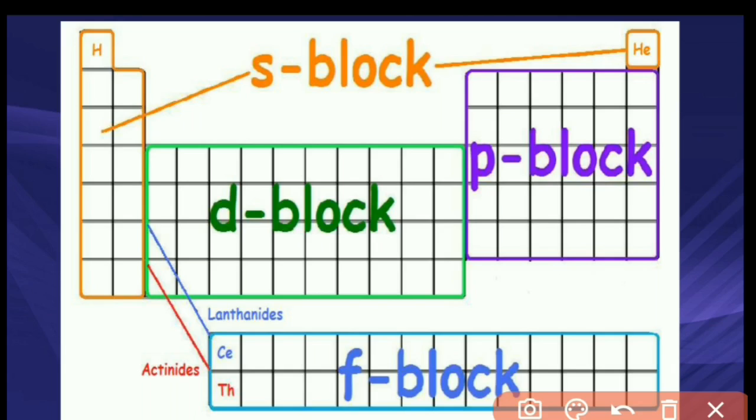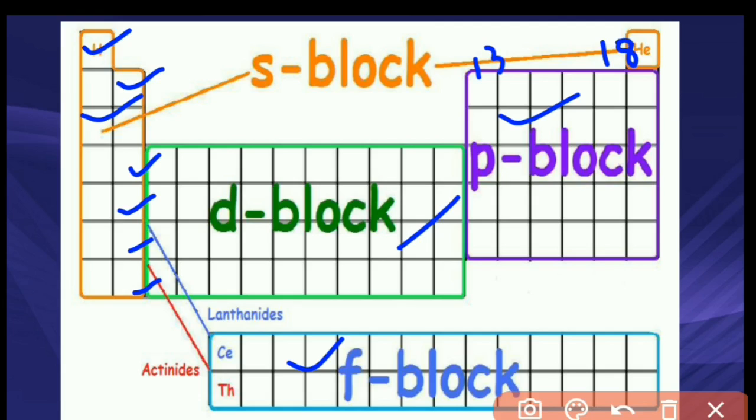So we can classify the elements into 4 blocks: s block, p block, d block and f block, according to the orbital in which the last electron enters. The s block has 2 groups, 1A and 2A, and the p block has 6 groups, 13 to 18, and the d block elements have 3d, 4d, 5d and 6d series.